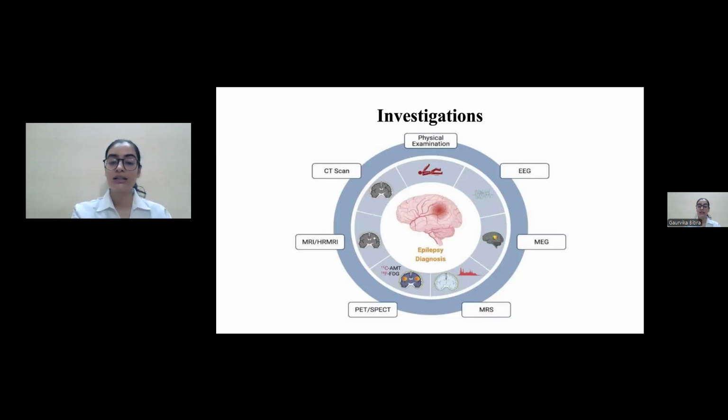Then a CT scan is done. In CT scan, we could find some structural diseases like granulomas or tumors. Then we could also do MRI or PET or SPECT. These are usually useful for early evaluation of focal seizures. We can also do a lumbar puncture, which is done to rule out any infectious cause as well.